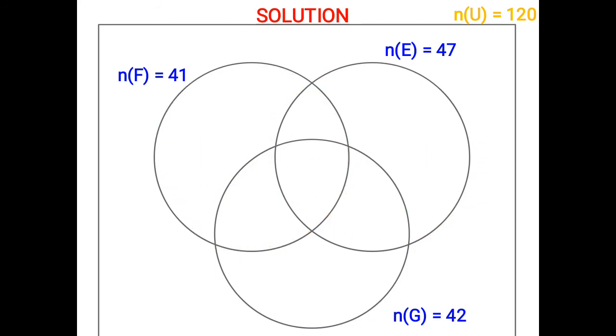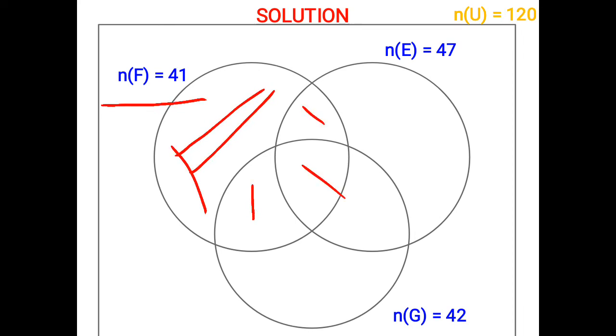All right. It says that 41 take French. So we have written it here. The question didn't say French only. If the question had said French only, then it would have been at only this side, which we looked at as region 1. But the question said French, meaning the whole circle. Let us not forget, when we add this side to this side to this side to this side, it should give us the full circle.